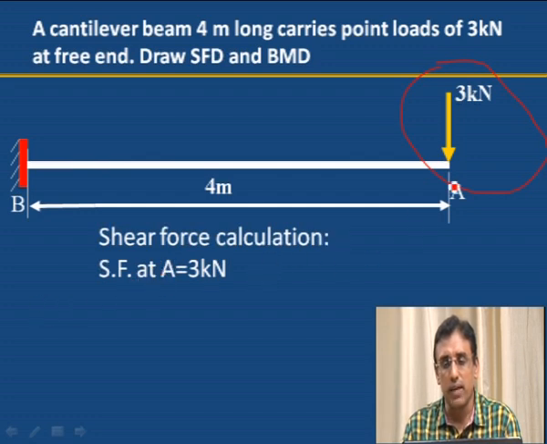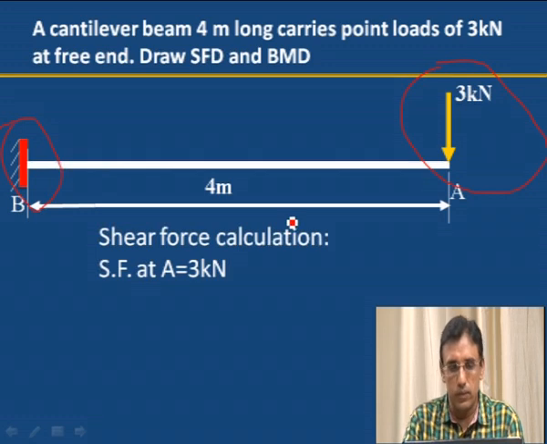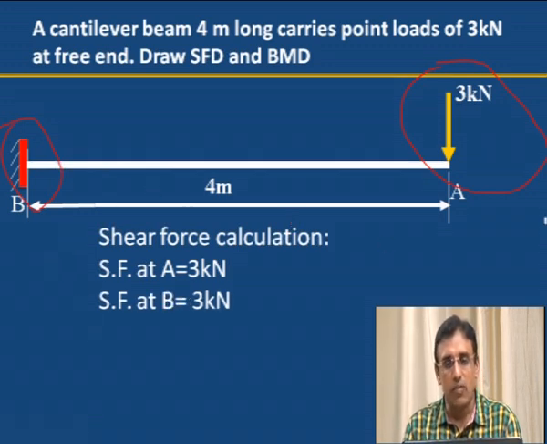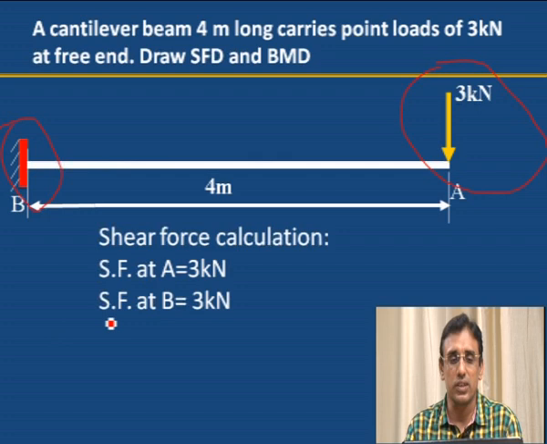Shear force at A, one point load is there, 3 kilonewton. Then coming to shear force at B. From A to B no further load is added, therefore it is 3 kilonewton. If any load is added, then it would have increased. Here only one point load is acting, therefore shear force at A and B is 3 kilonewton.